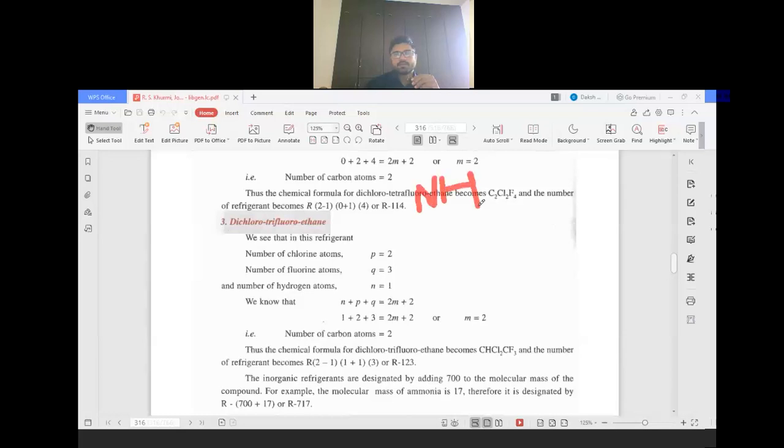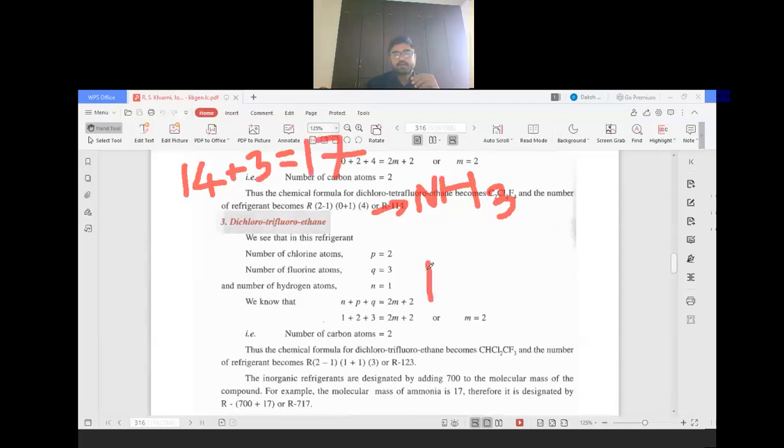So what will be that? For that one rule is that whatever the molecular mass of this ammonia is. So what would be the molecular mass? N means 14. Clear? And H means 3 into 1 means 3. So here this will be our 17. Clear?